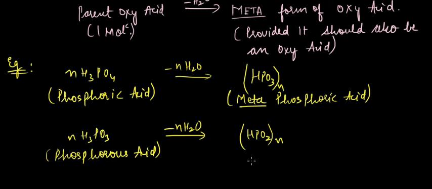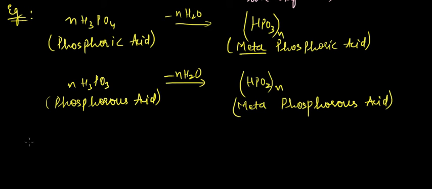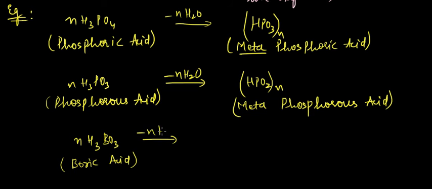So this is metaphosphorus acid. Next we have n H3BO3, which is boric acid. We remove nH2O from it, so we get (HBO2)n, which is again metaboric acid.